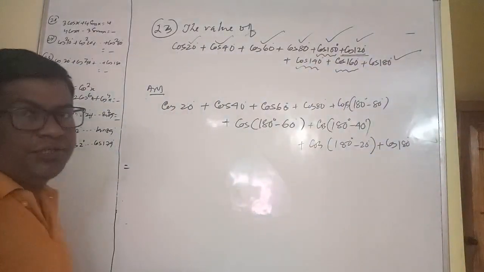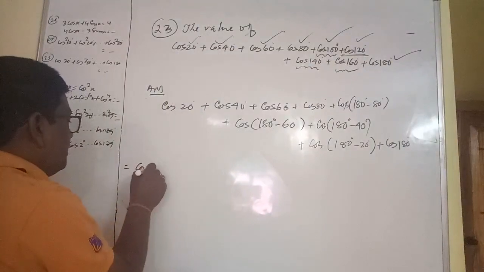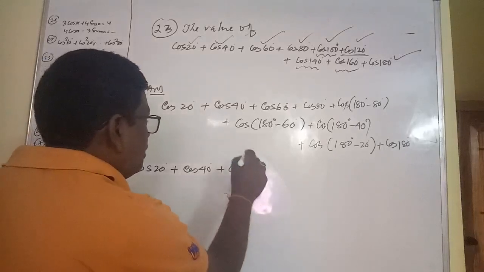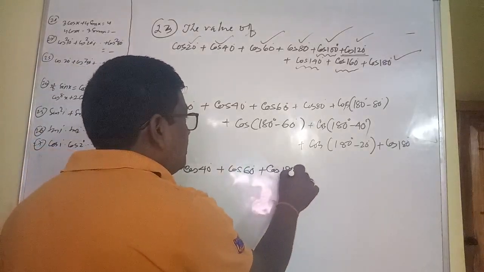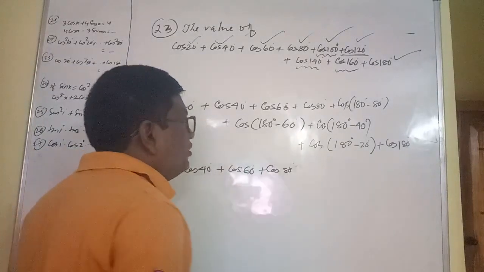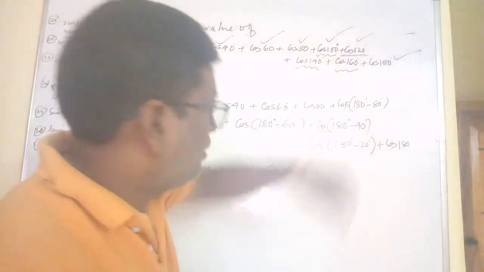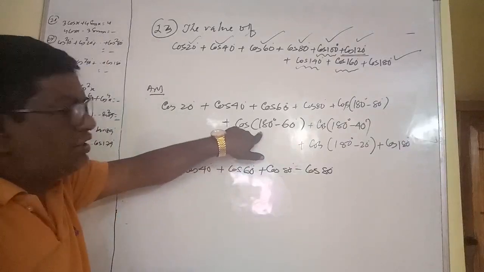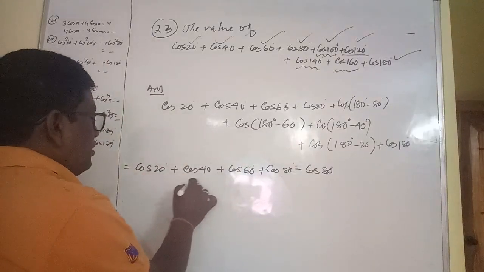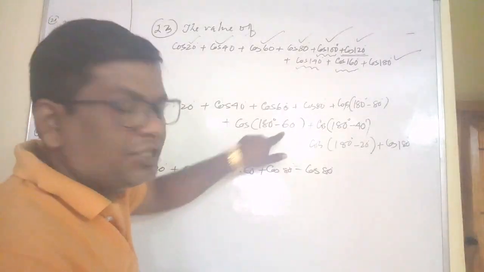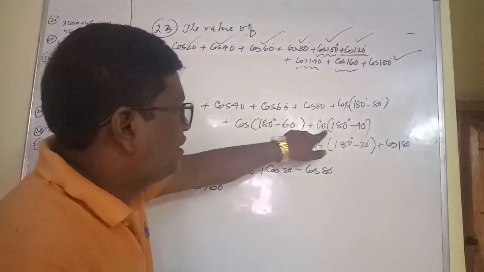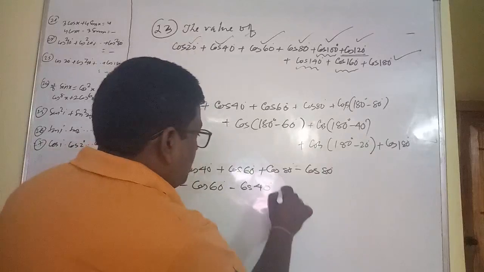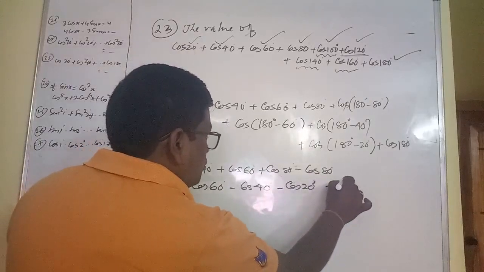That is equal to what? Cos 20 degree plus cos 40 degree plus cos 60 degree plus cos 80 degree, and cos of 180 minus theta is minus cos theta, so that is minus cos 80 degree, minus cos 60 degree, minus cos 40 degree, minus cos 20 degree, plus cos 180.